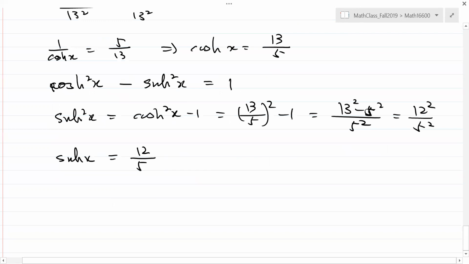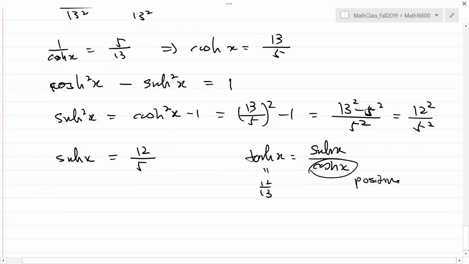Why do they have the same sign? Because you have this: tangent is 12 over 13, it's positive, and hyperbolic cosine is positive. So that means hyperbolic sine x must be positive.